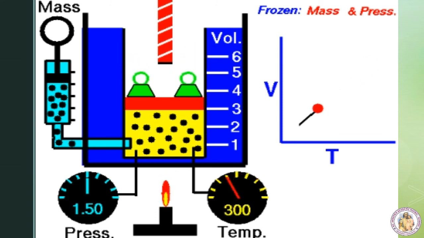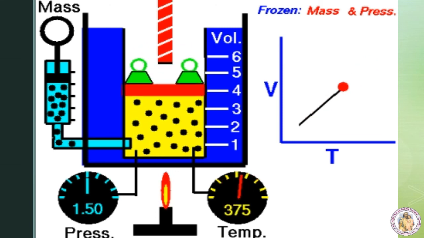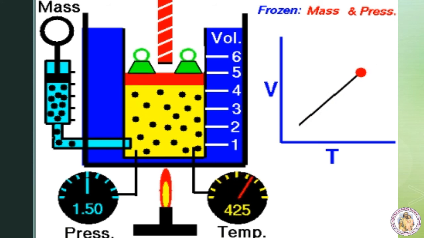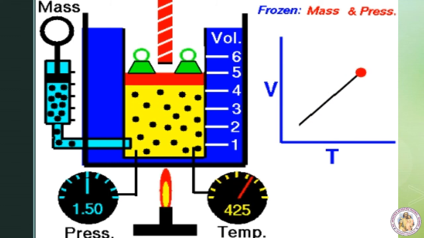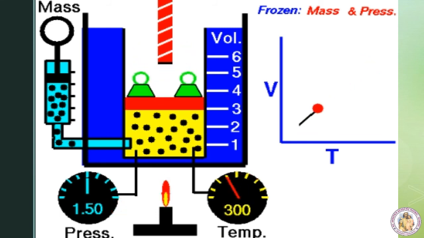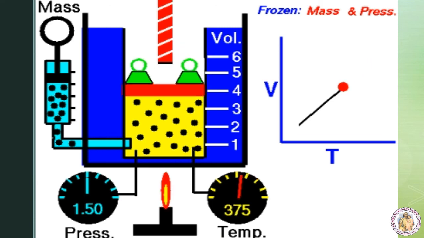When the temperature increases to 450, the volume of gas also increases. So volume is directly proportional to the temperature. Volume increases, temperature increases. Volume decreases, temperature also decreases. So we can write V by T is equal to constant.